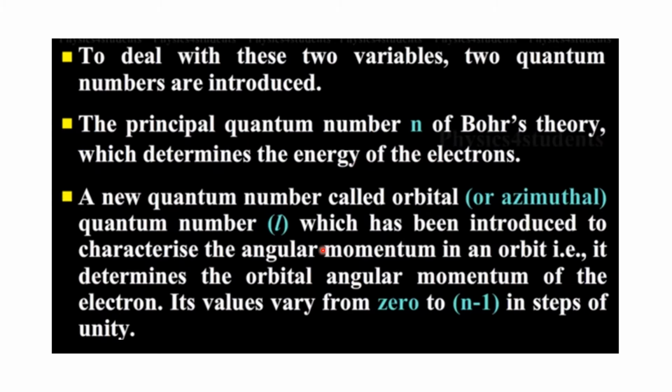And the next one is a new quantum number called the orbital or azimuthal quantum number, represented by the letter L. It has been introduced to characterize the angular momentum in an orbit, that is, to know the character of angular momentum, which gives the angular momentum of the electron.